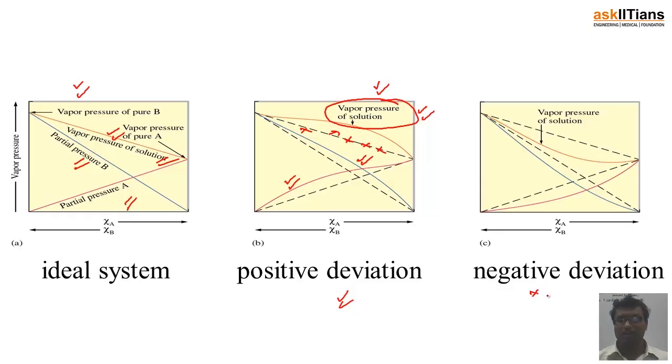Now, when you have a negative deviation, that means they have strong intermolecular forces or lower escaping tendency. Vapor pressure of the solution is decreasing, and because of this, the partial pressures of A and B are also decreasing, and finally the vapor pressure of the solution is less compared to the true vapor pressure. This is the true vapor pressure.